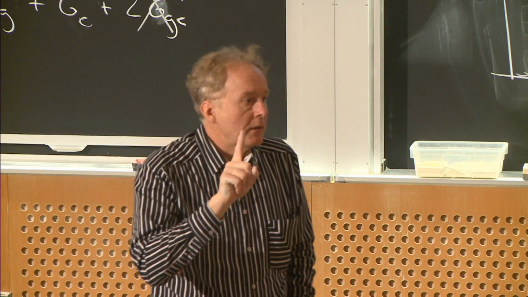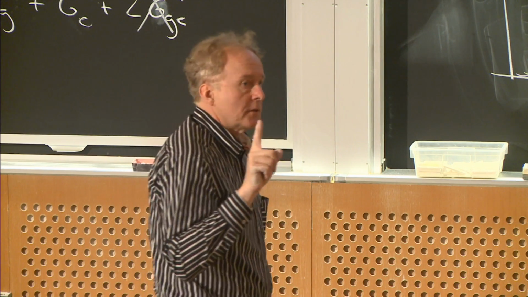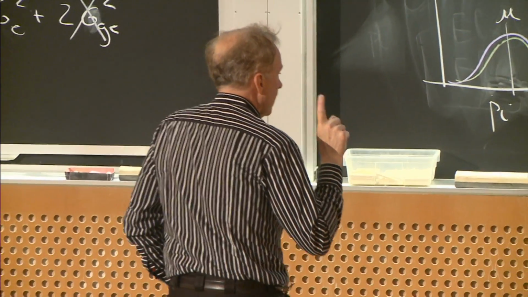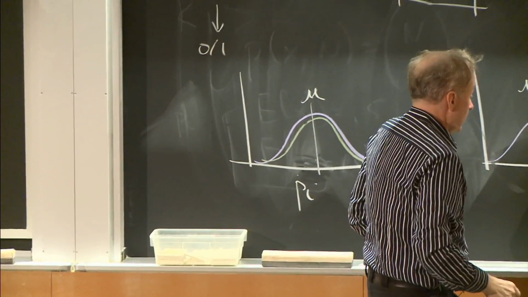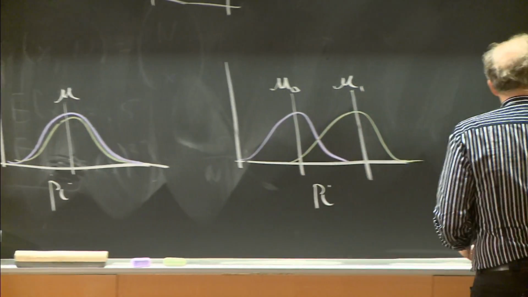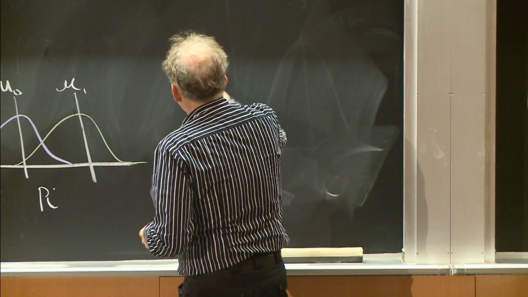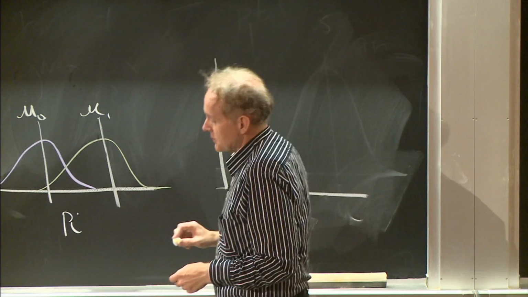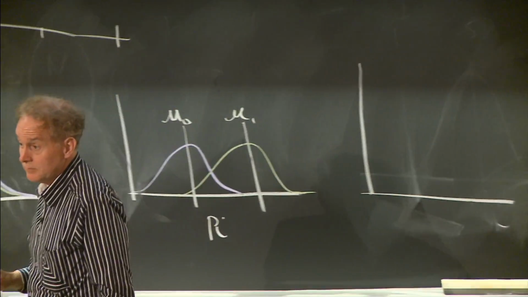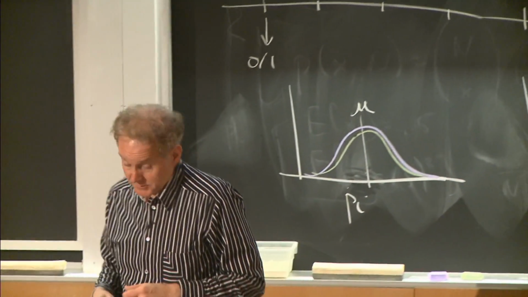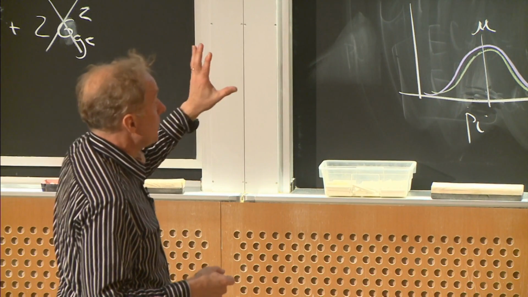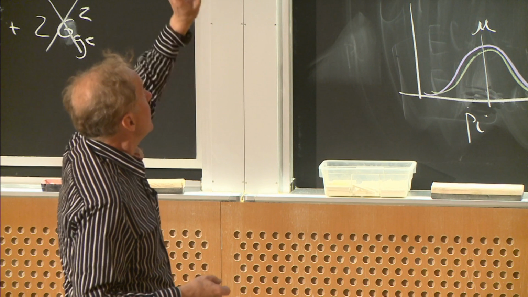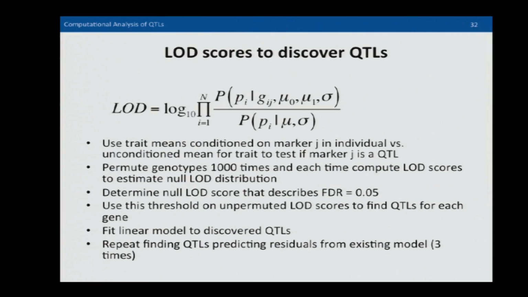So one thing that we could do is imagine that what we did was we scrambled the association between phenotypes and individuals. So we just randomized it, and we did that 1,000 times. And each time we did it, we computed the distribution of these LOD scores.